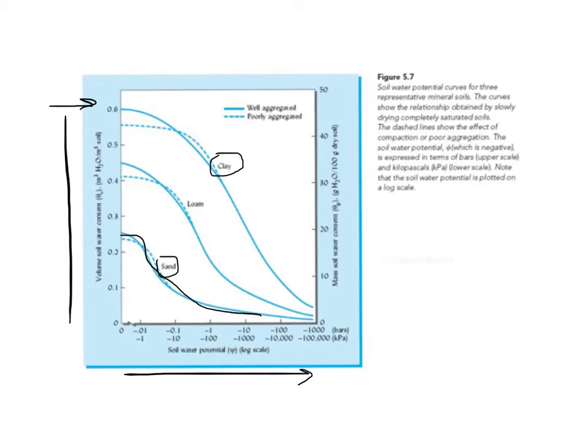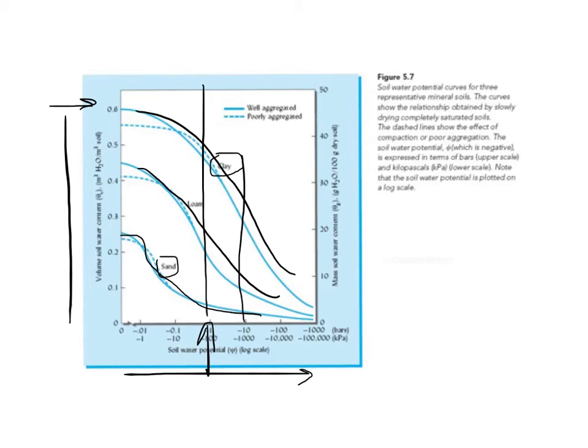With something like a loam or a clay, if we're at a more negative pressure, let's just say right here, for three different types of soil, a clay, a loam, and a sand, you see that loam can hold quite a bit, clay can hold even more, even when it's under pressure, even when the soil water potential is very negative.